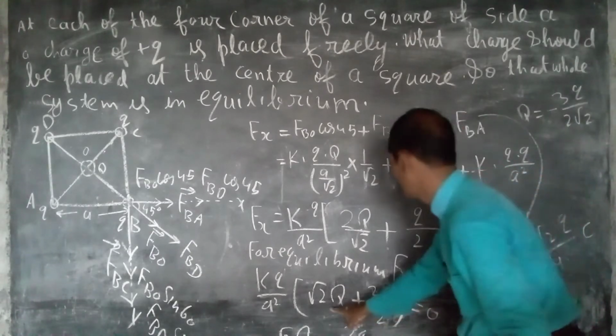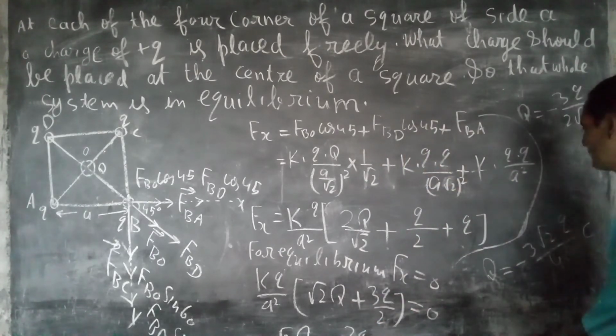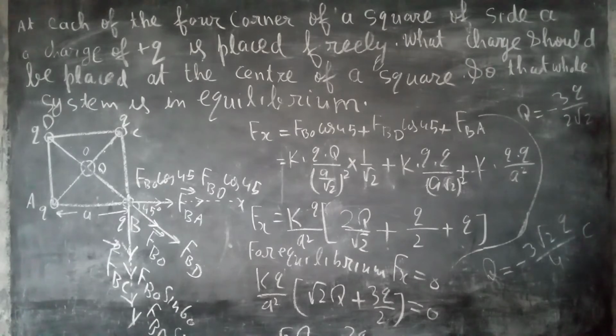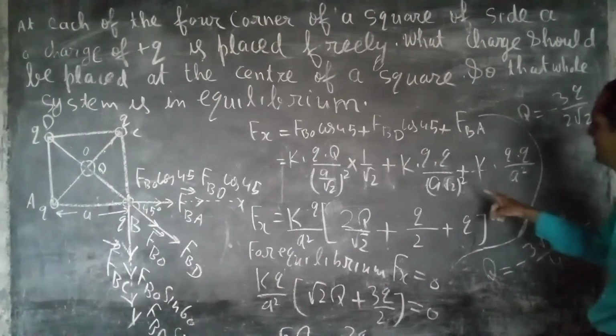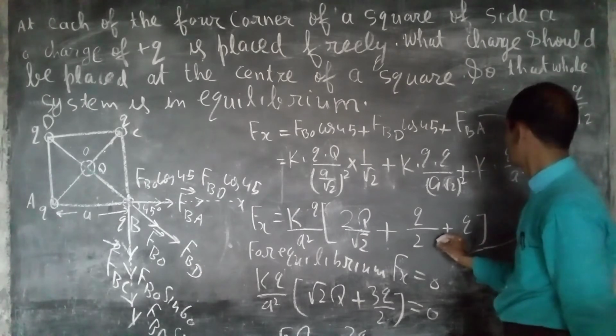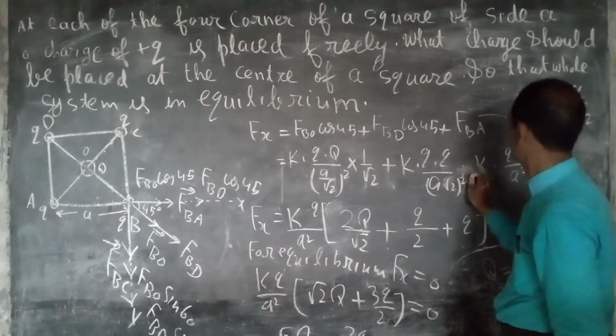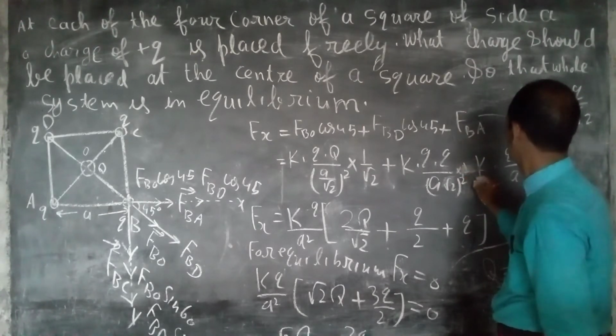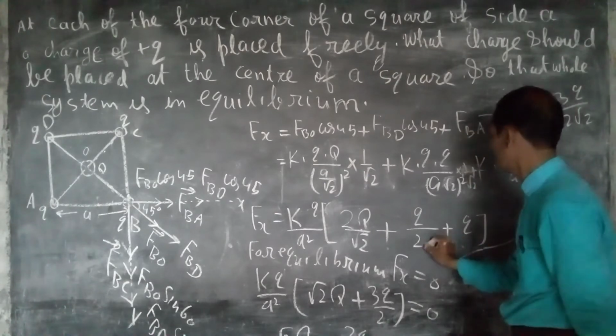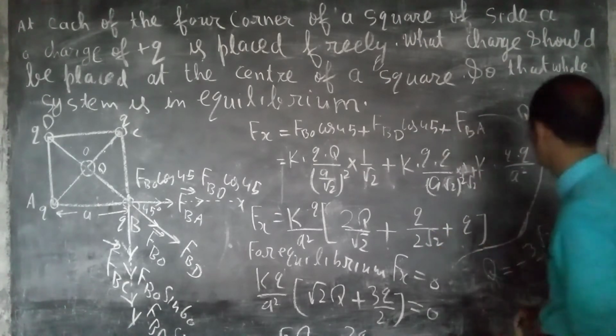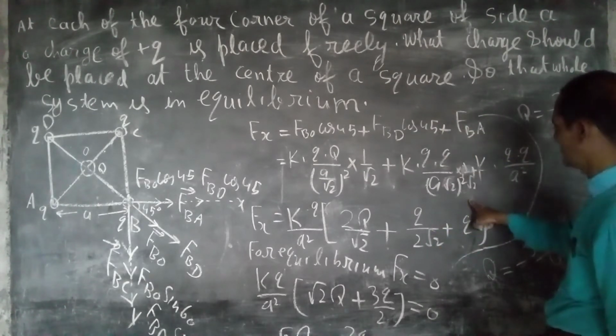This is your root 2, cos 45, here cos 45 is 1 by root 2, here root 2. Write the right value of cos 45 also.